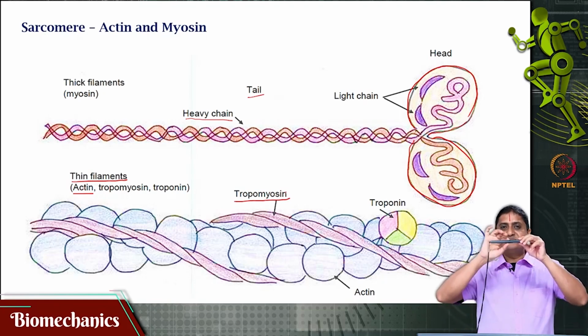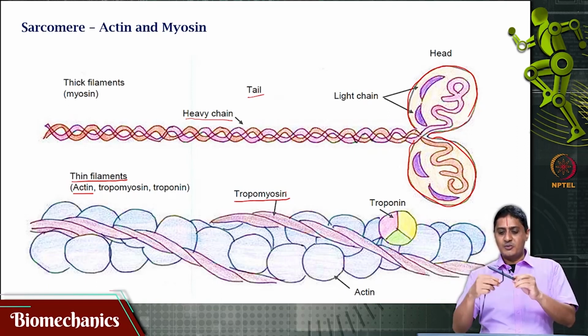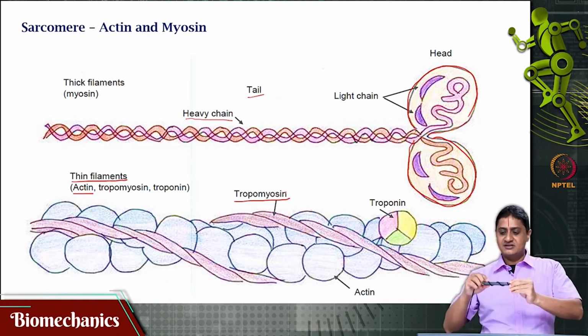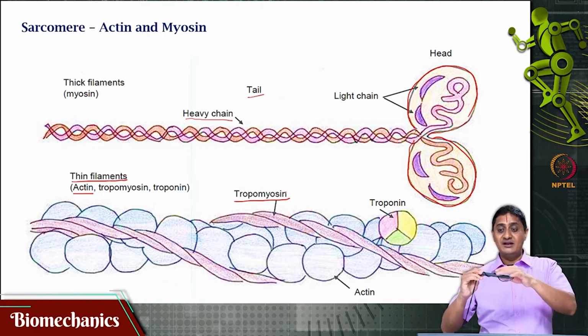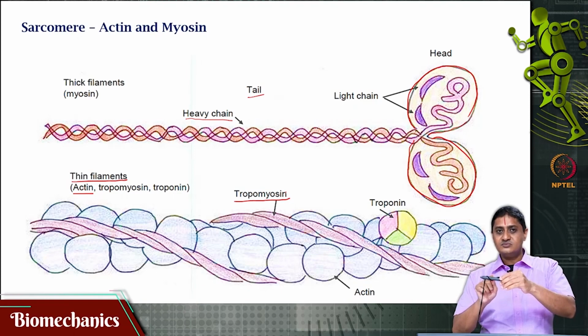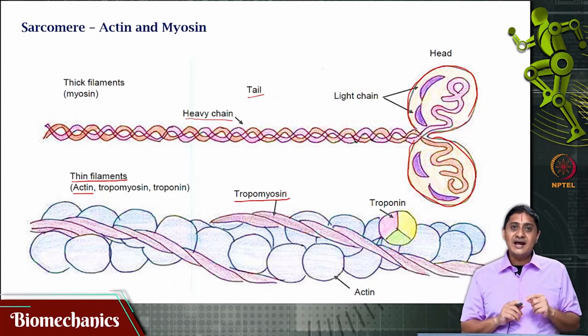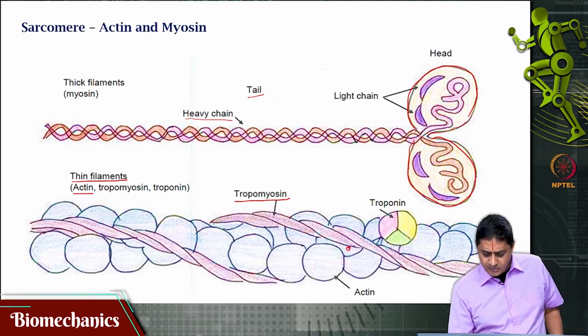So, imagine this pen is the thin filament and this thread is the tropomyosin. It is like this. I have surrounded the thin filament, which is the pen, with the thread, which is tropomyosin, and the nature of this tropomyosin is such that at rest it hides very important points.